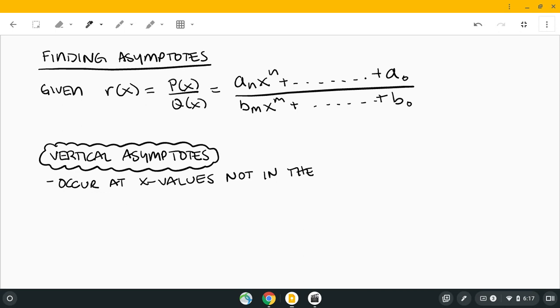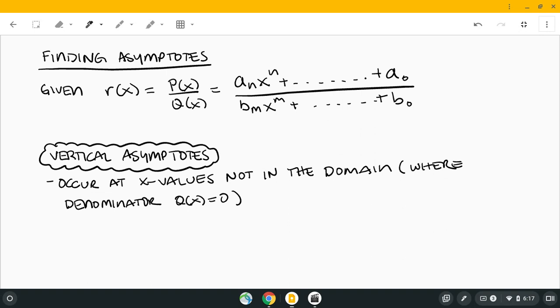So basically, where the denominator q of x equals 0. Those x values are not part of the domain, right?